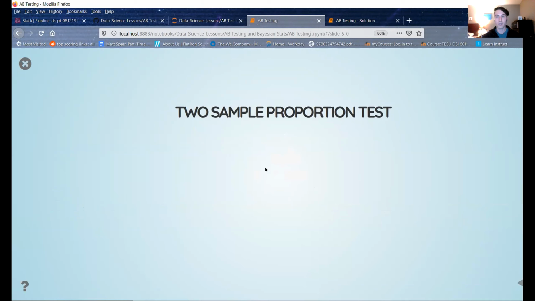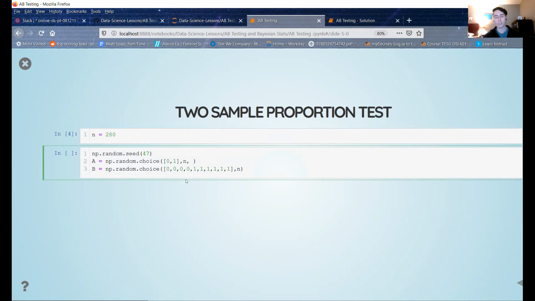So to test this then, we need to use what's known as a 2-sample proportion test. It's going to be similar to a 2-sample test for means, a difference of means, but it's a little different since now we're dealing with a proportion. So we can just store our sample size here as n, and then we're going to generate some random data.